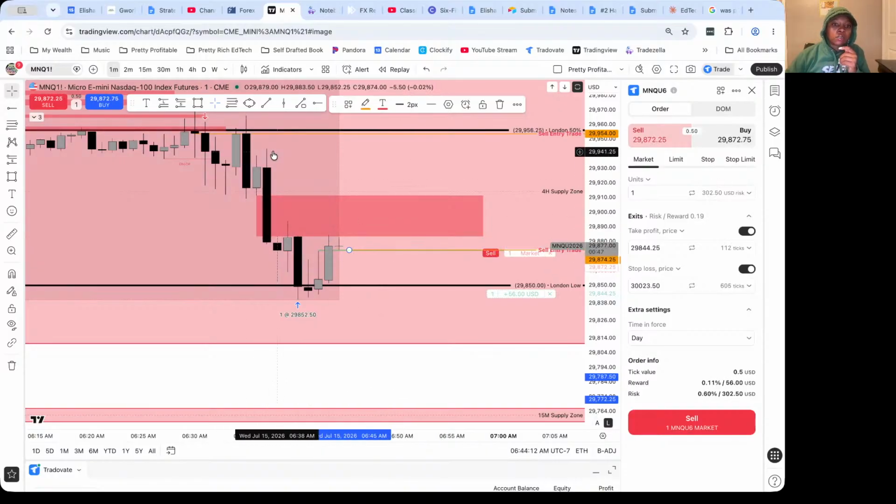And also this zone was created and since then hasn't been broken. So let's see how this candle is. If this ended up being a rejecting candle, which is a small body, long wick.